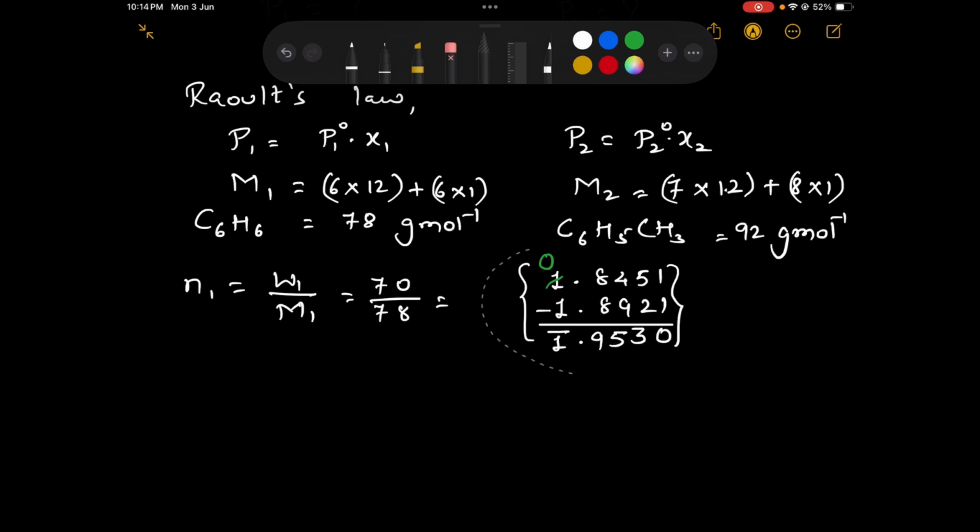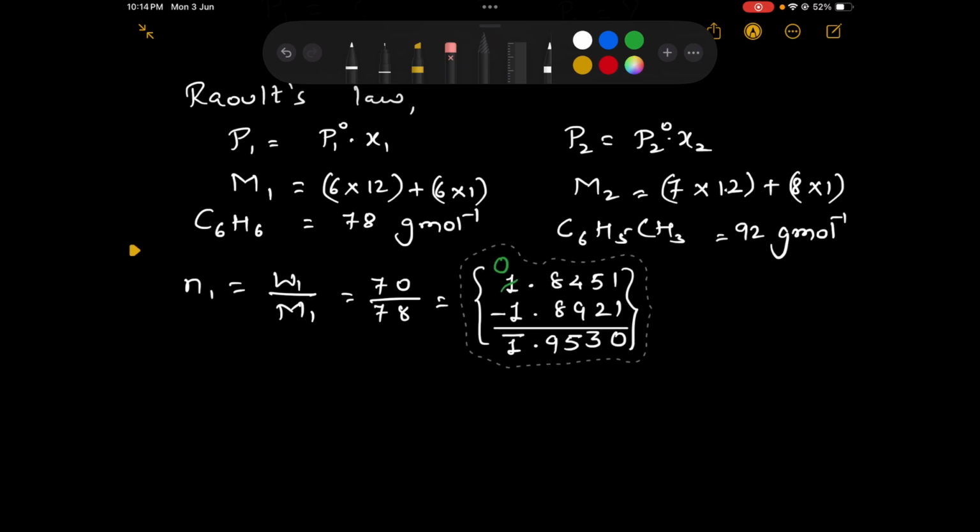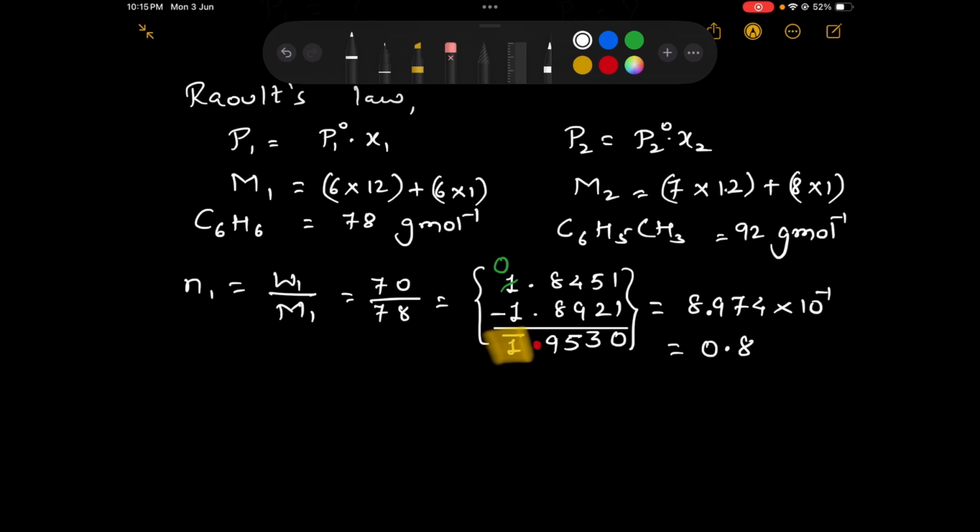Now we find out the antilog of the part after the decimal, 0.95 under 3. So we get 8974, with the decimal after the first digit, into 10 to the power minus 1. So this can be written as 0.8974 moles.